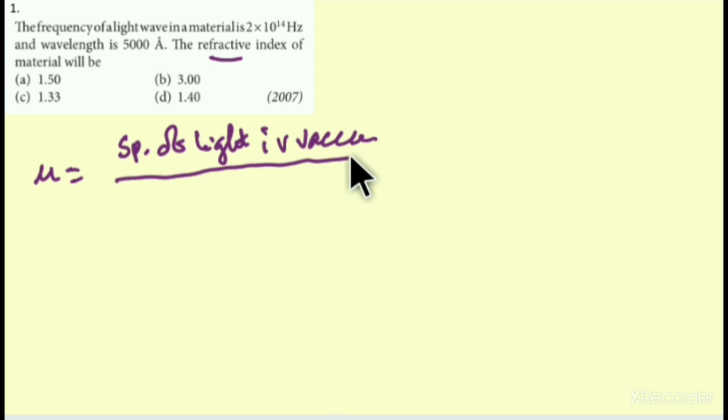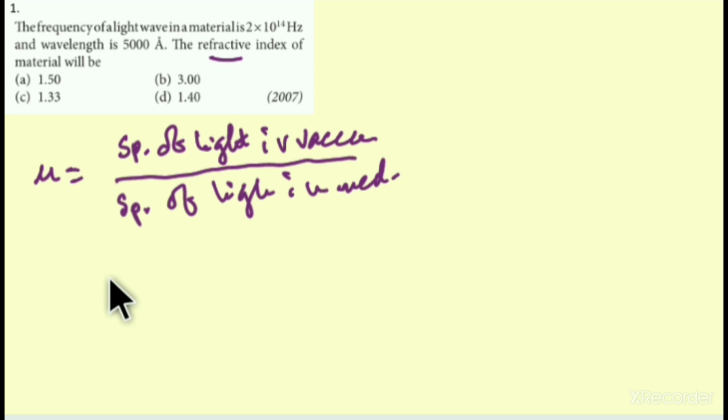We know that the refractive index mu is equal to the speed of light in vacuum divided by the speed of light in that medium. In this case we know the speed of light in vacuum and we don't know the speed of light in the medium, so we will try to calculate this.